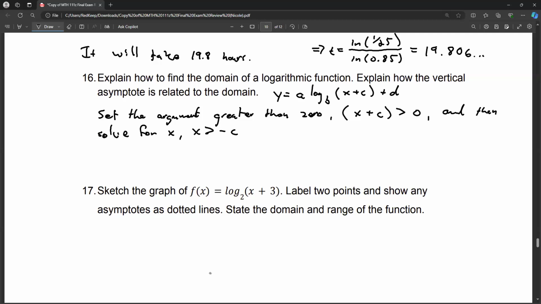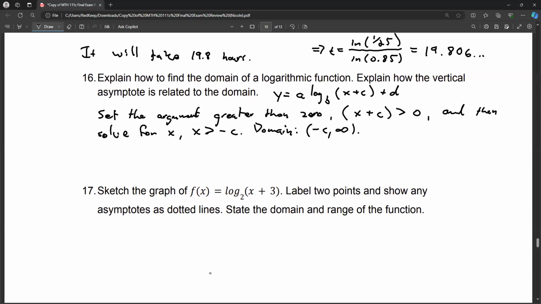And then if we wanted to, we could go ahead and translate this to interval notation, which I guess it's not necessarily asking us, but we could say, well, negative c up to infinity would be the domain. Okay, so next they're saying, well, explain how the vertical asymptote is related to the domain. So the vertical asymptote will be where the argument is equal to 0, right?